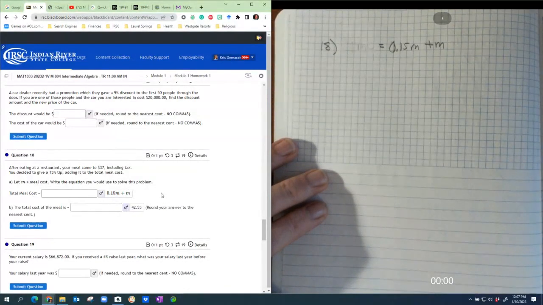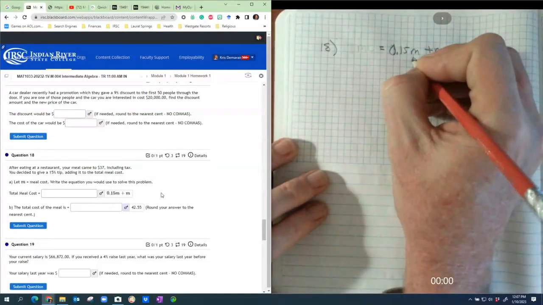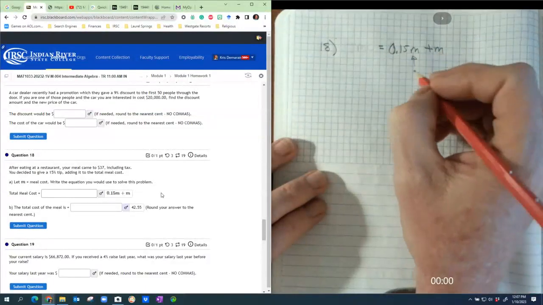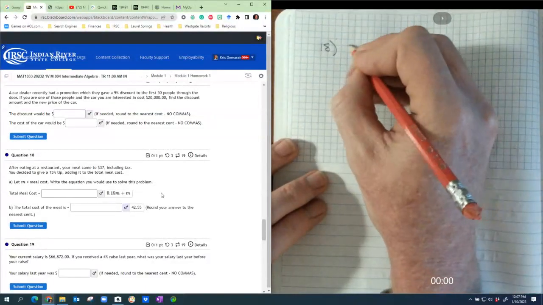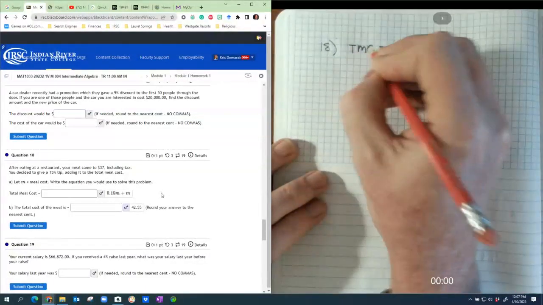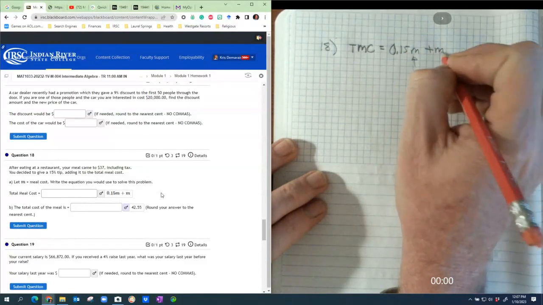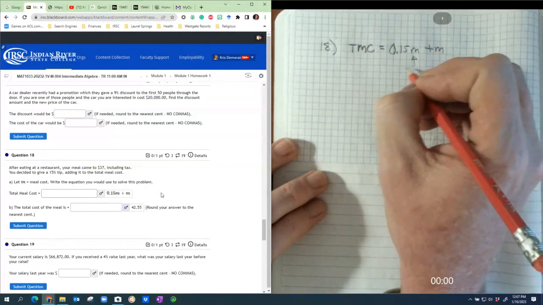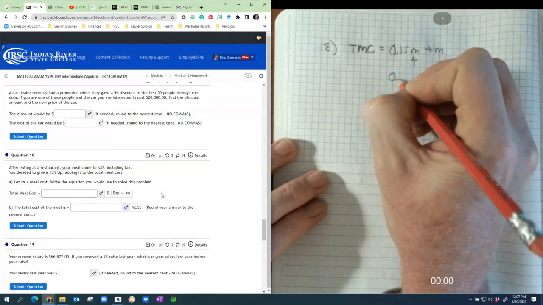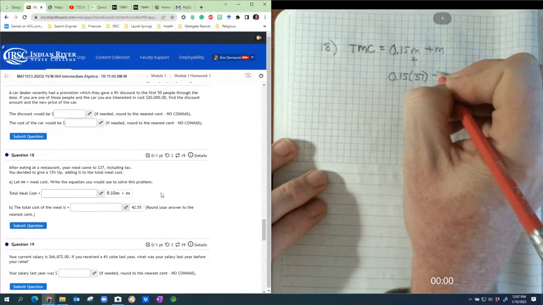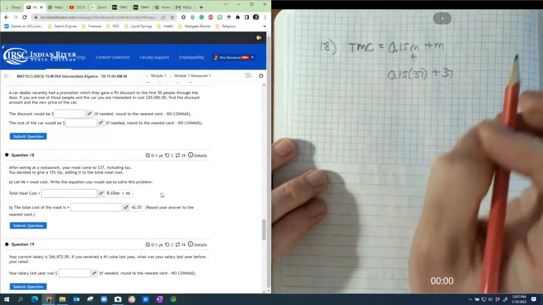So when we have $37, we put the $37 into this particular equation. So the total meal cost is equal to the meal cost times the percentage plus whatever the meal cost is. Then you put in the value of $37 at this time. So this is why you do this.